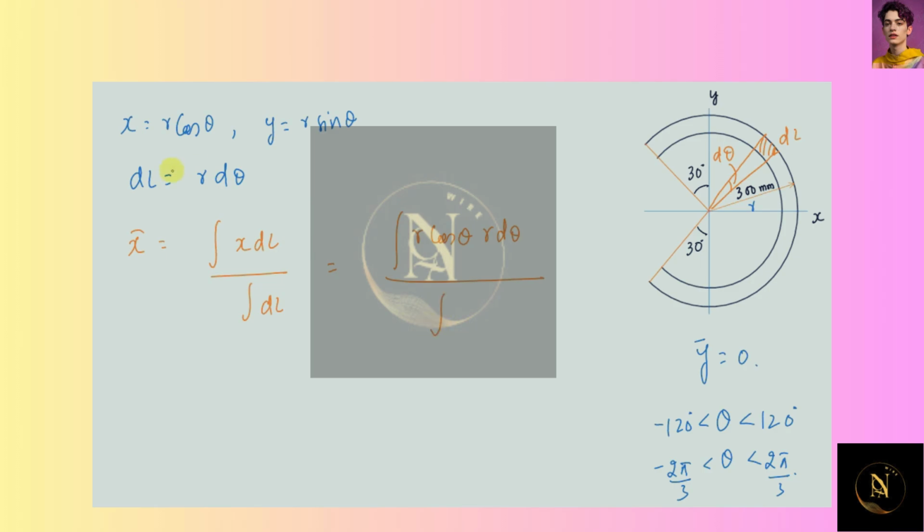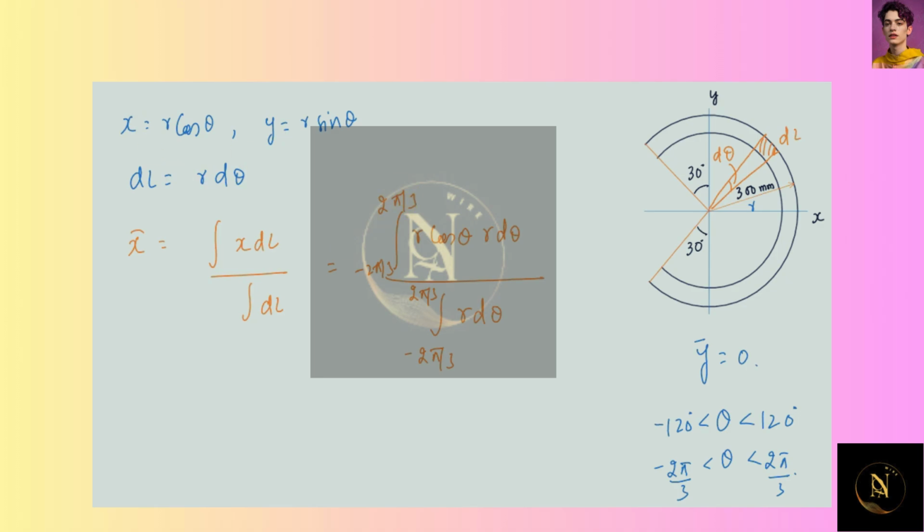So dl we have r d theta, and the limit for theta we have minus 2 pi by 3 to 2 pi by 3, so we can plug it here, in the denominator and also in the numerator.